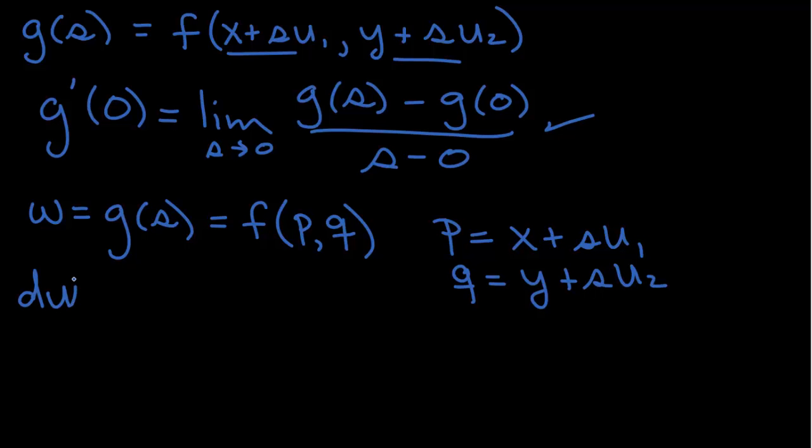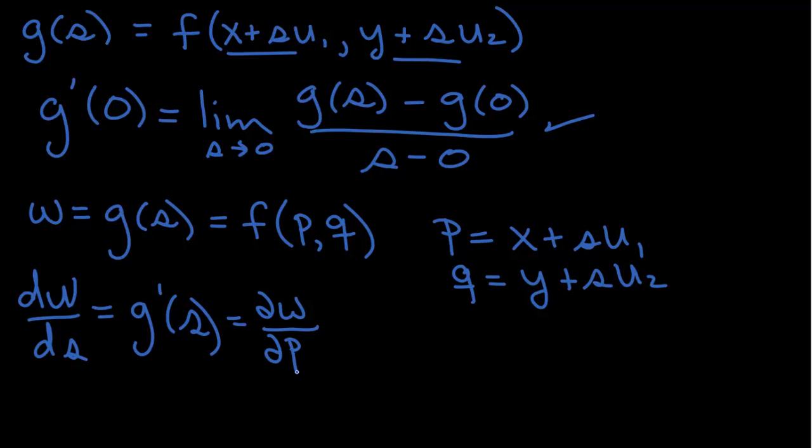I'm going to take dw/ds. In other words, I'm going to get the derivative with respect to s, and this is going to be like g prime of s. But if you look at this part of it, what's this going to be? Well, this is going to be the partial of w with respect to p times the derivative of p with respect to s, right?